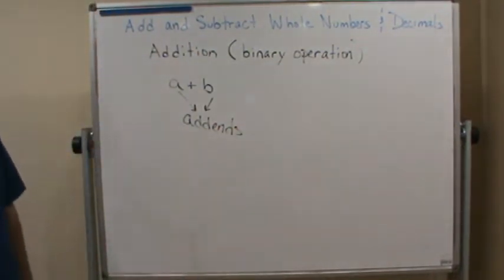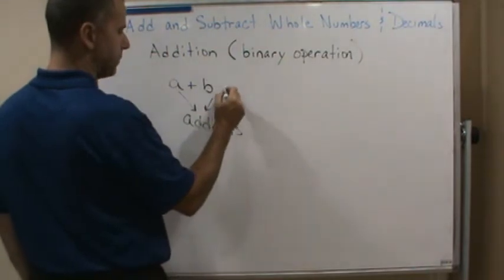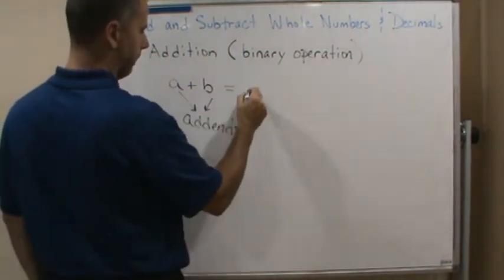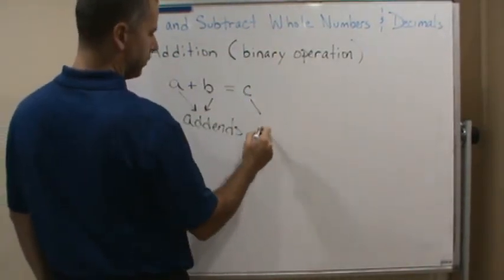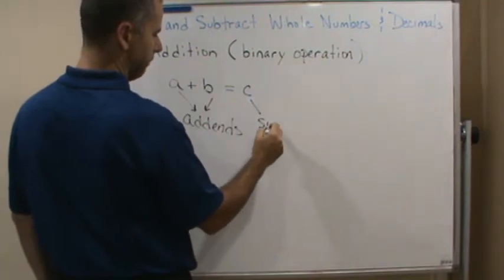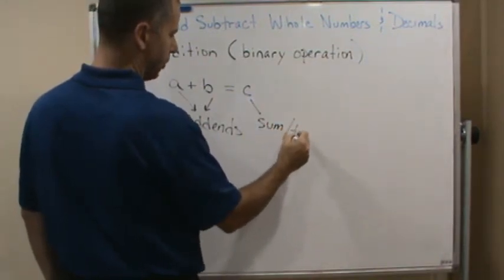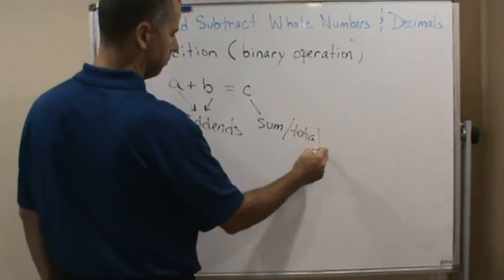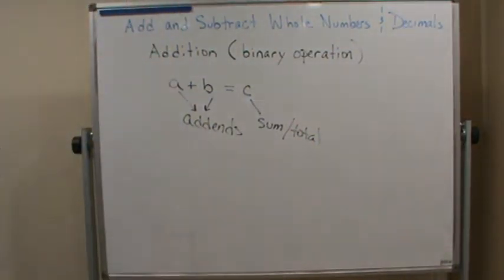What these two numbers add up to is called the sum or total. So that's general terminology.